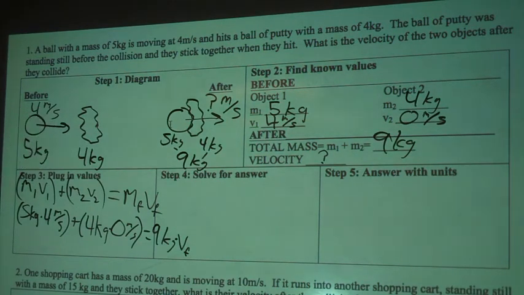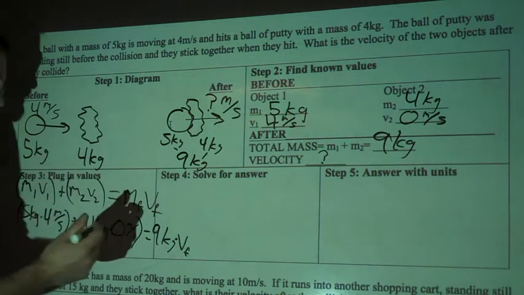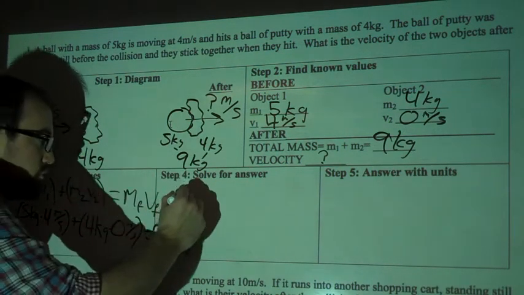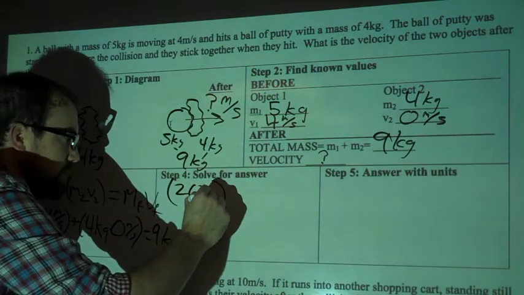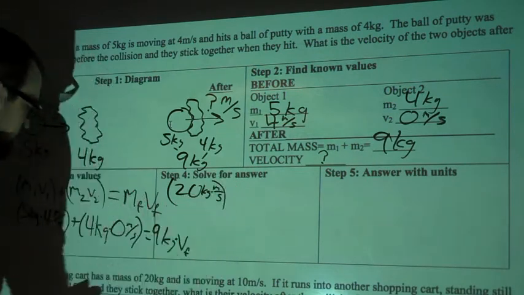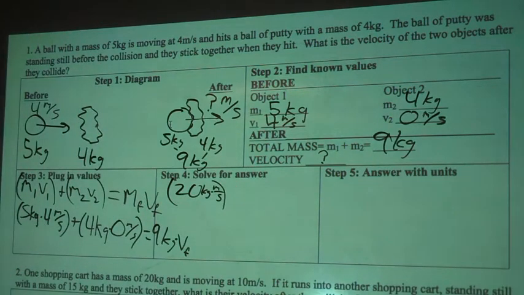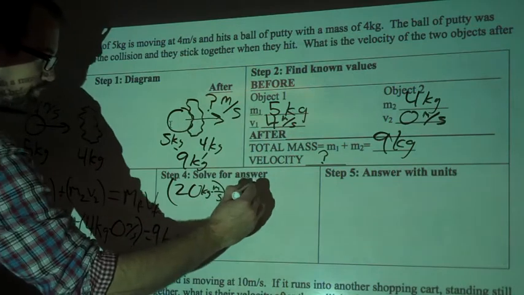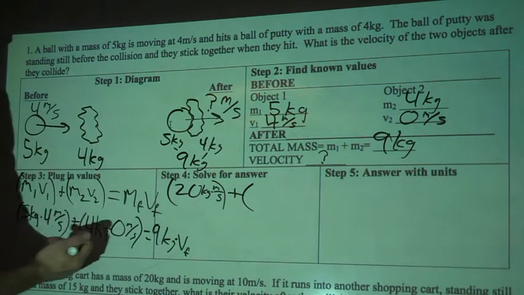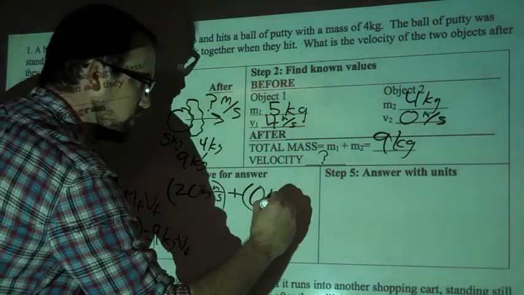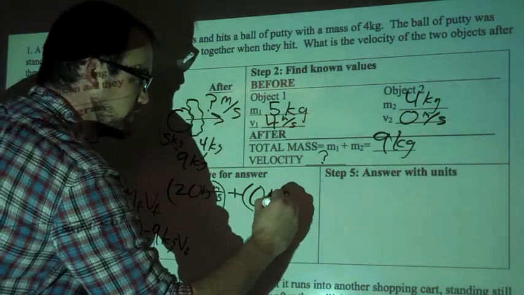Alright, solve for answer. Let's combine some of these as we go. So 5 times 4 is what? 5 times 4 is going to give me 20. There'll be kilogram meters per second, because we're combining kilograms and meters per second. And then plus, on this side I've got 4 times 0. What's 4 times 0? 0 kilogram meters per second.